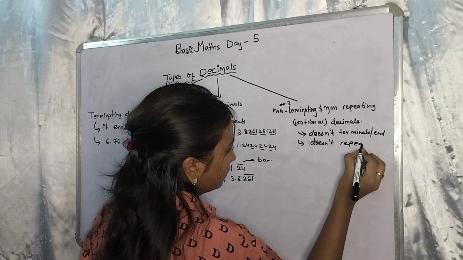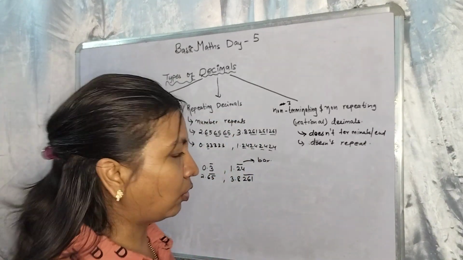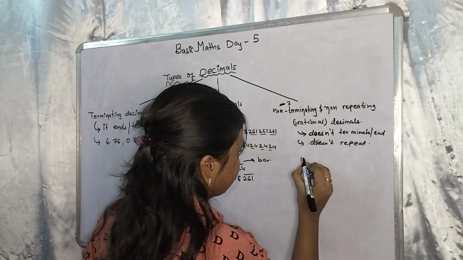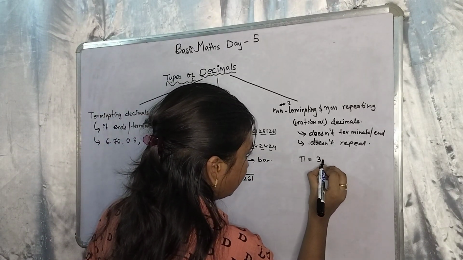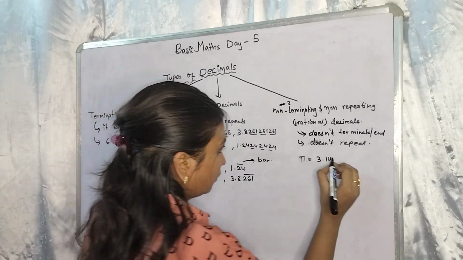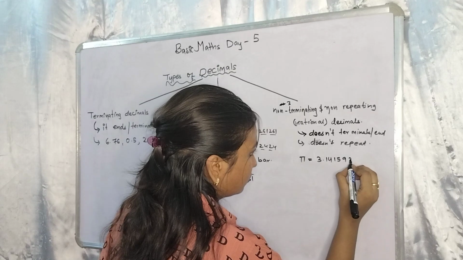Fine. Does not repeat means the number will neither terminate, neither end, nor repeat. For example, the value of pi, 3.14159 and something called 265.